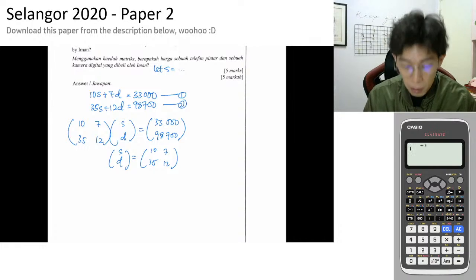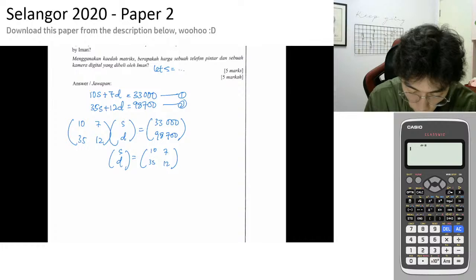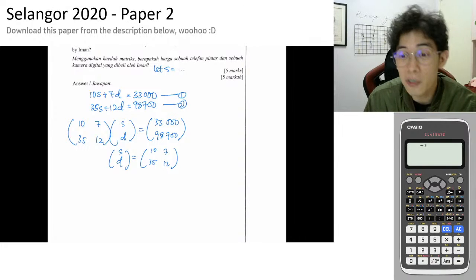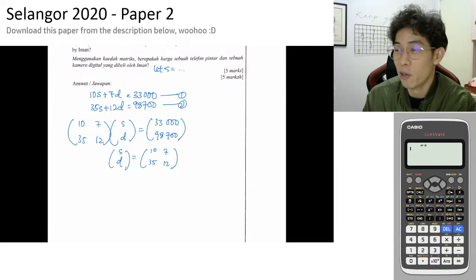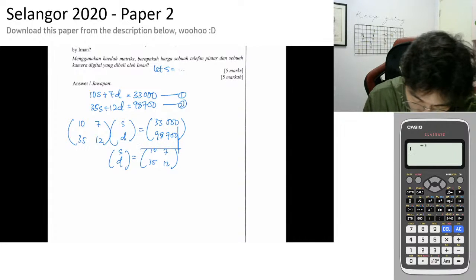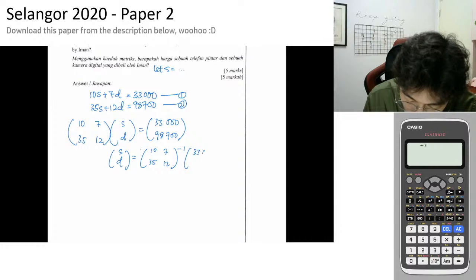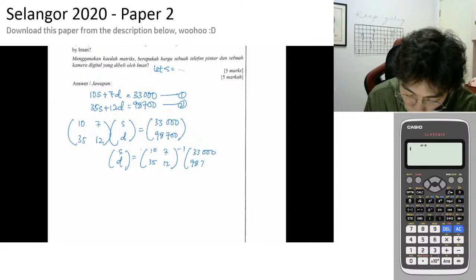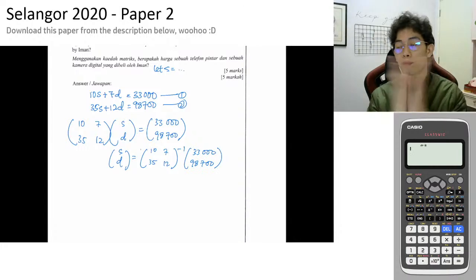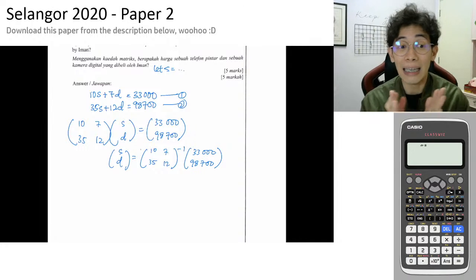Sometimes I look at his 3 and 5 and think it's 31. So better don't do that. You want to be smart like me, can, but handwriting no. We can do our inverse already.